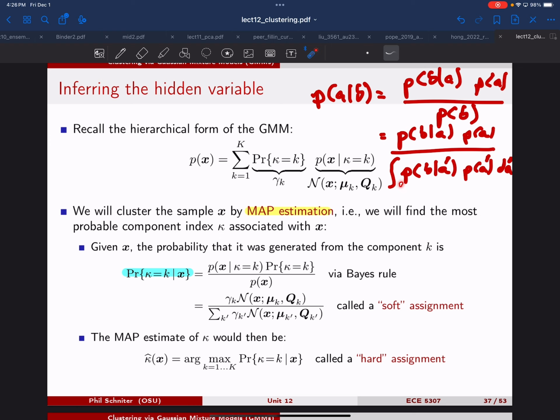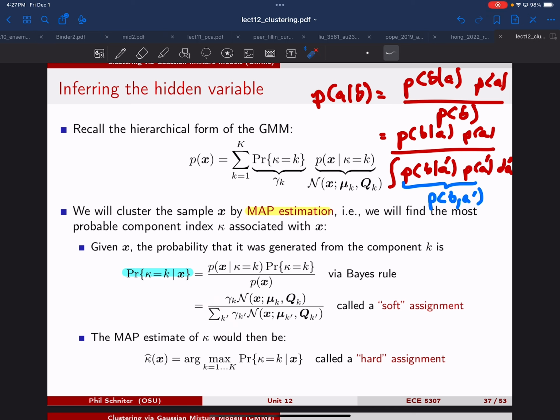Okay, so why is that true? Well, that's true because this is P of B comma A prime, the joint probability. And now we're going to integrate out the A part, leaving just P of B. Okay, so that's exactly what we've done in this first step here. And this second step is what we did down here. But down here, our hidden variable is discrete, not continuous. So instead of using an integral, we use a sum over A prime.